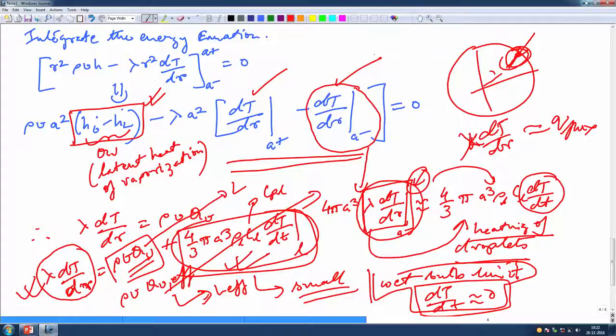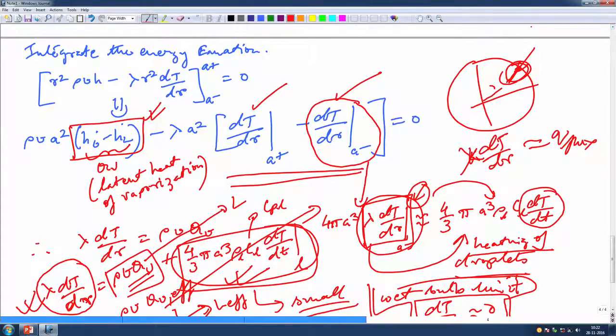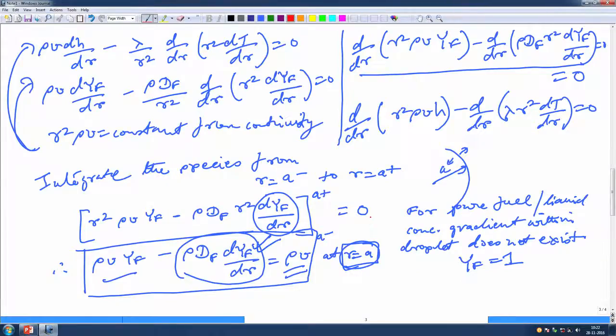Similarly, if you recall what we did in the species balance, we established this particular form. Once again, that is the slope of the species in the vapor phase, which is also given by these two terms. Got it? This should be clear.